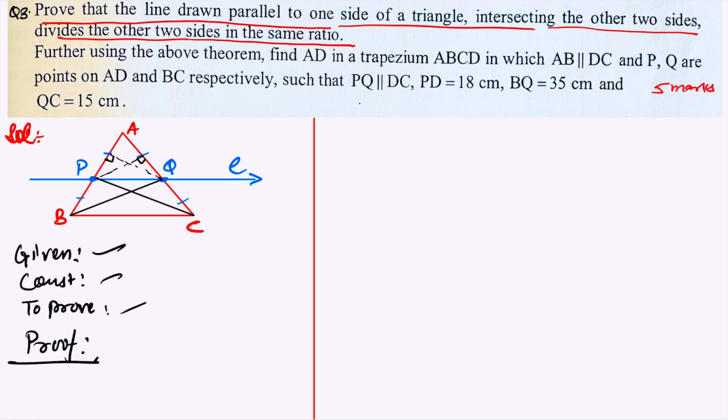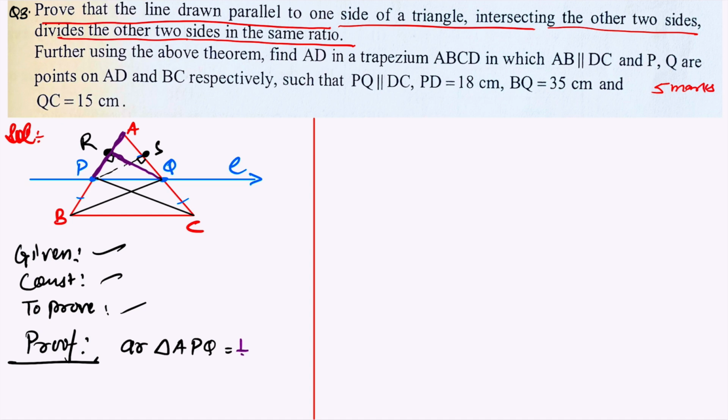So for the proof, area of triangle APQ equals, let's say this point is R and this is S. To find the area, we are considering PA as base, then RQ will be the height.